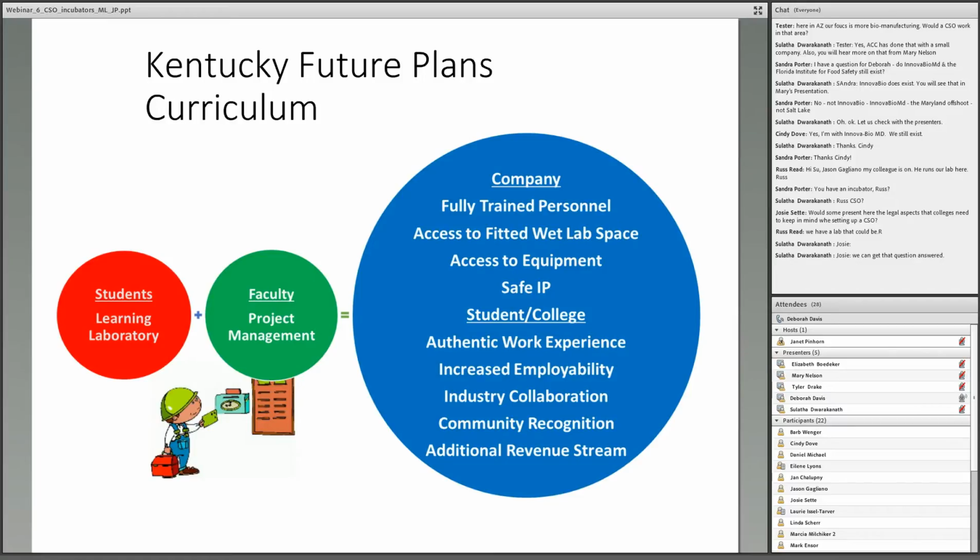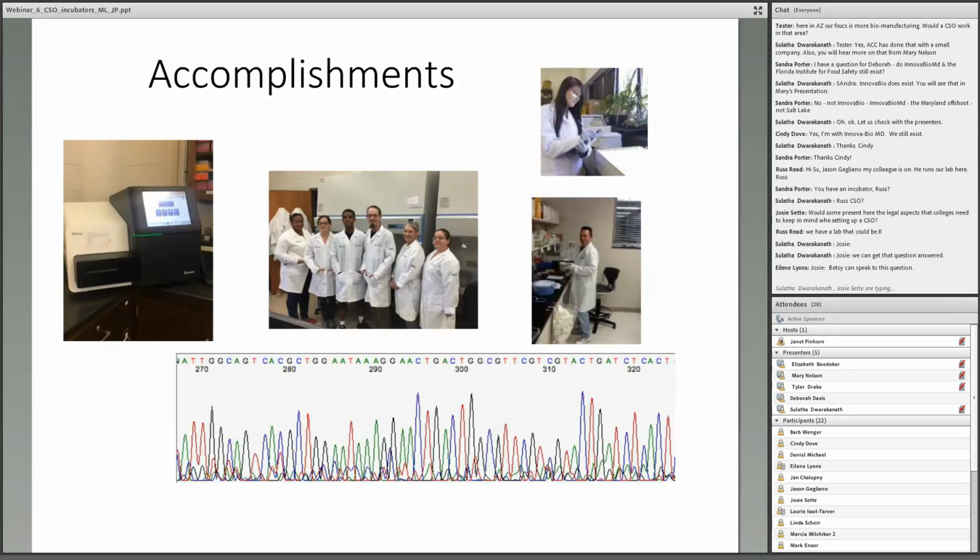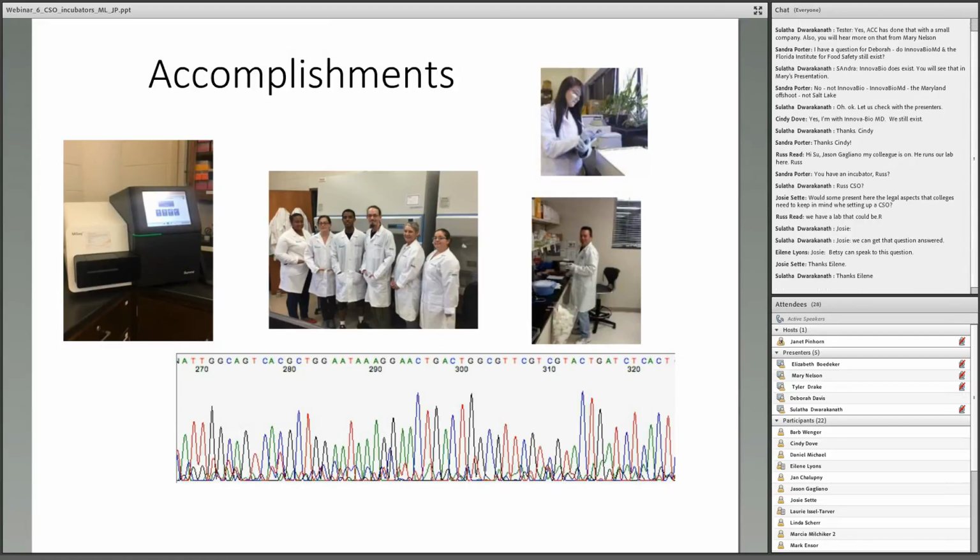We will also have a stock room that other science programs in the college may use. We get a small income from that, and we're looking to supply biological reagents too, such as enzymes and buffers and things like that. So what have we been able to accomplish in this last year and a half?